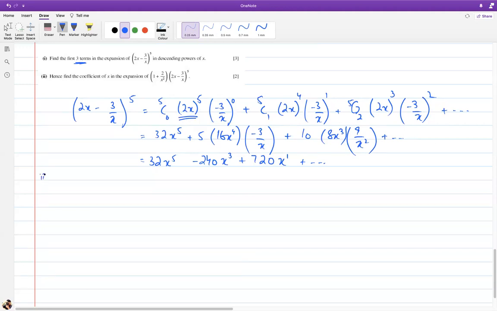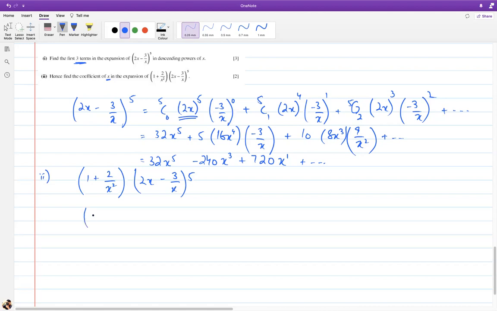Okay, second question is a little tricky, but it's a very common question. And once you start solving it, you'll get the hang of it. They say 1 over 2x power 2 is multiplied with this thing, and find the coefficient of x. That means we are looking for numbers that will multiply to give me powers of x only.